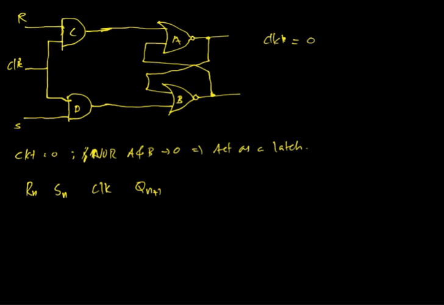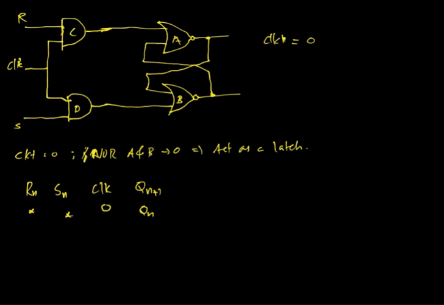So first case we are considering clock to be 0. Then for whatever the combination of Rn and Sn, the output Qn plus 1 will be the previous value of output. There is no change with the circuit, it simply acts like a latch. That means the output will be the same as the previous values. So whatever the values of Rn and Sn in the truth table, I am representing it by stars.